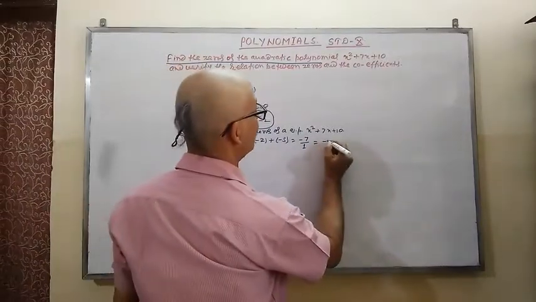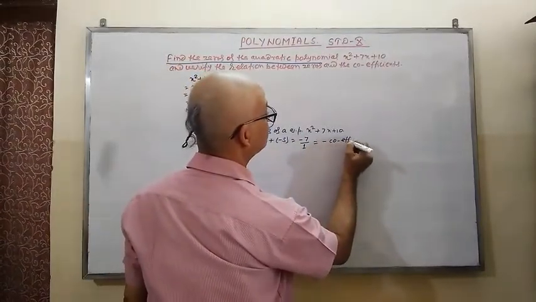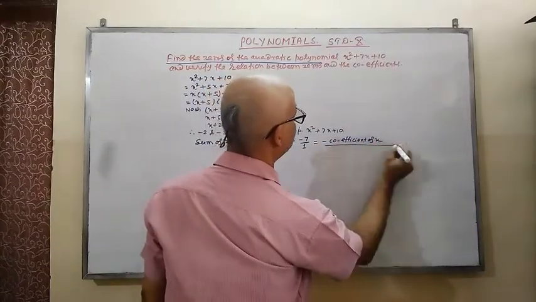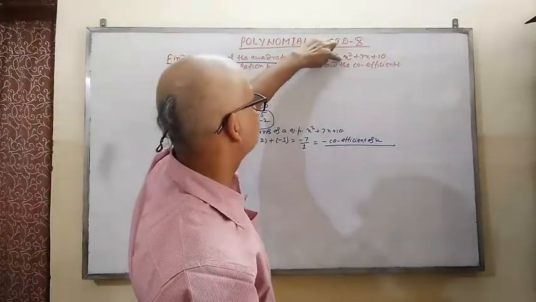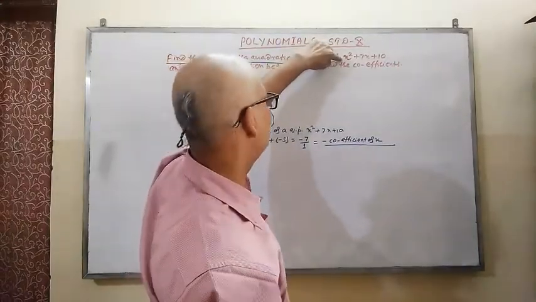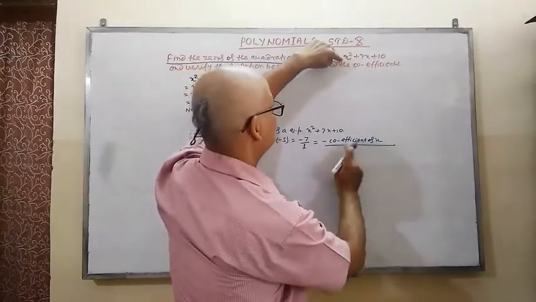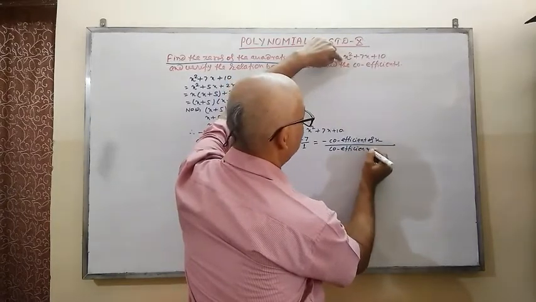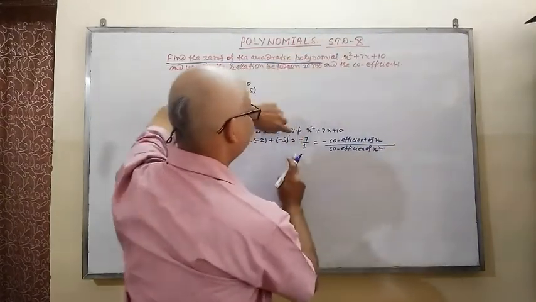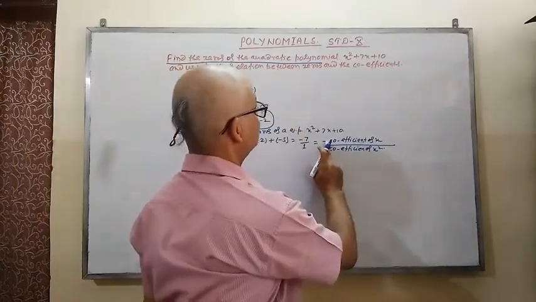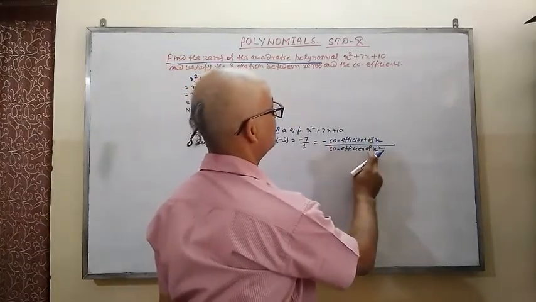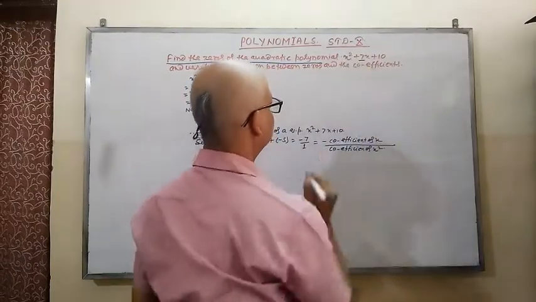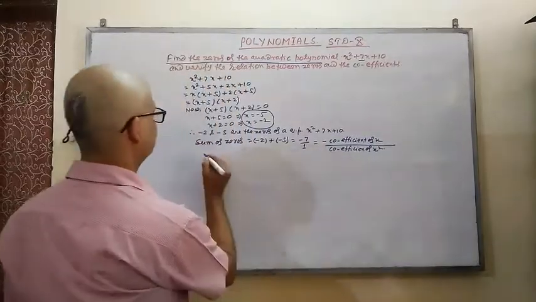So this can be written as minus coefficient of x divided by coefficient of x square, that is minus b by a. So minus 7 by 1, where the coefficient of x square is 1. So sum of zeros is satisfied.